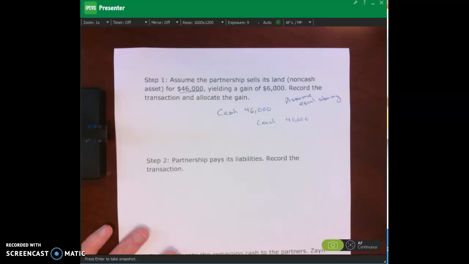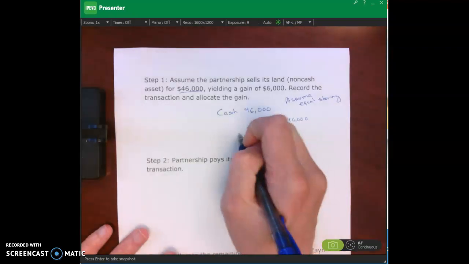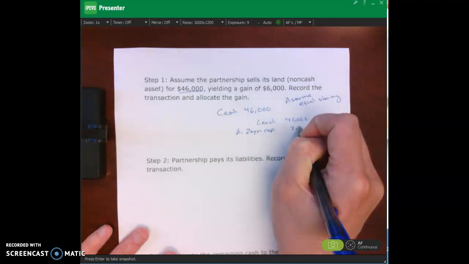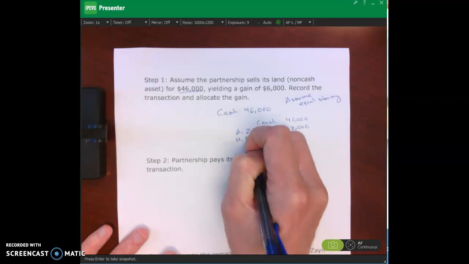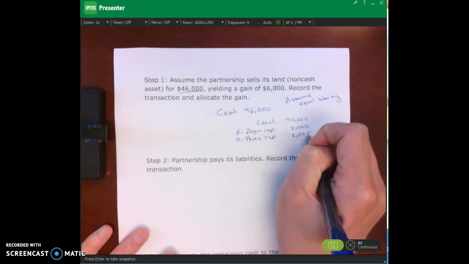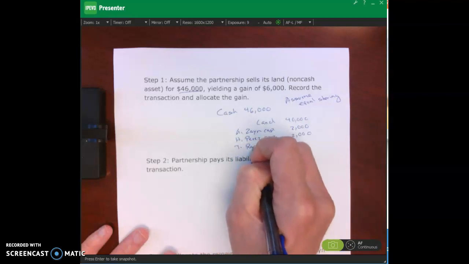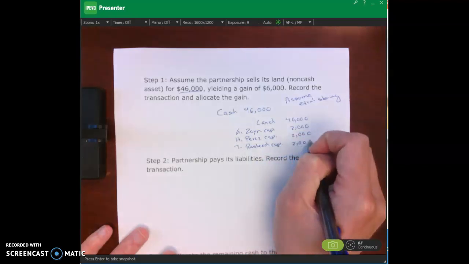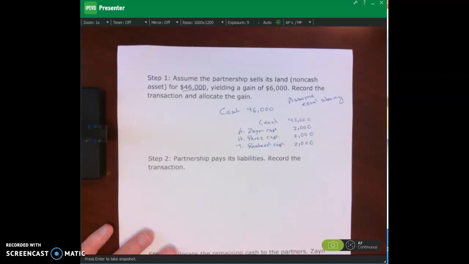We have 3 partners. That means each partner gets an increase in their capital balance of $2,000. So Kayla Zahn capital $2,000, Perez capital $2,000, Rashid capital $2,000. And that's our journal entry. So that's step 1, to sell our non-cash assets.